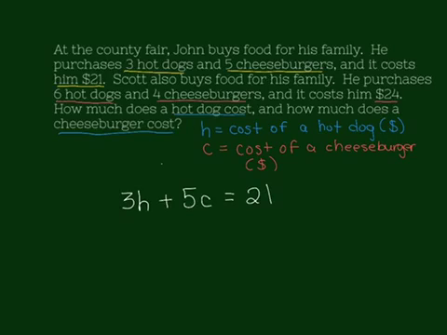And remember, when we're looking for a total or a sum, we're using addition. So the second statement is actually very similar. Scott purchases 6 hot dogs, so 6 times the cost of a hot dog, plus 4 cheeseburgers, so 4 times the cost of a cheeseburger, and all together that cost $24. So these are the two equations we're going to use to solve our system.